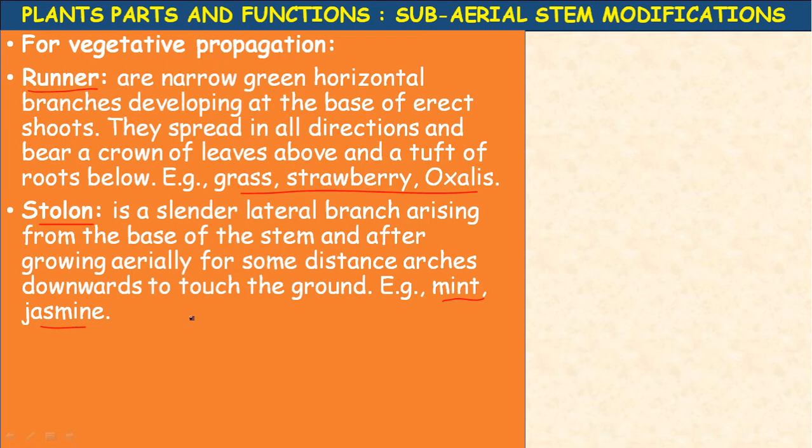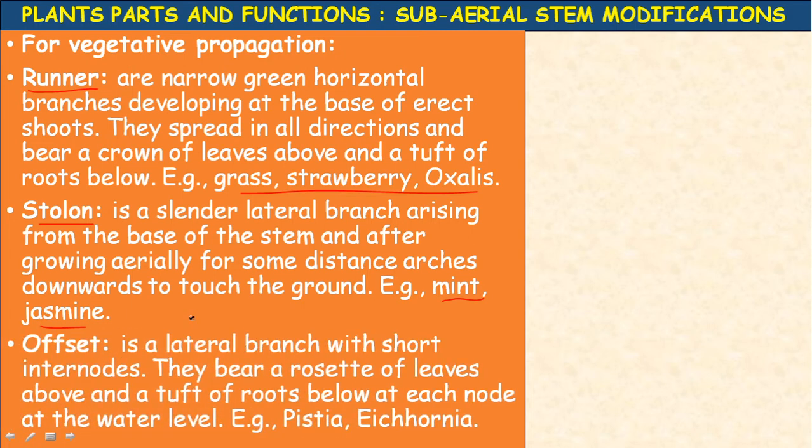Stolons are elongated, horizontal arched runners. The lower portion of the nodes gives rise to roots. Adventitious roots are developed. Example for stolon, even strawberry, Fragaria, comes under this category.